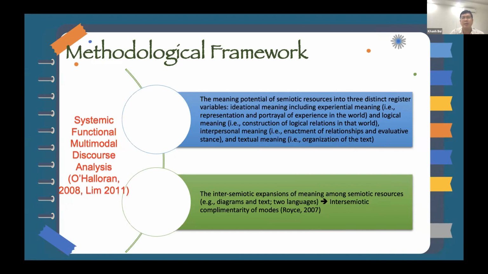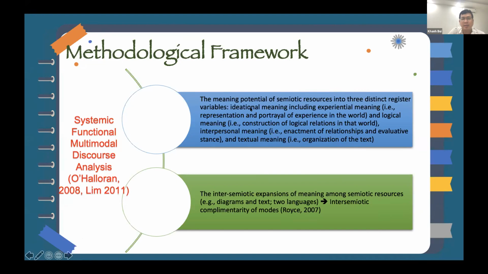So this is an expansion of systemic functional linguistics by Halliday. We apply Halliday's systemic functional linguistics to analyze the meaning of different modes, and that's how systemic functional multimodal discourse analysis works.